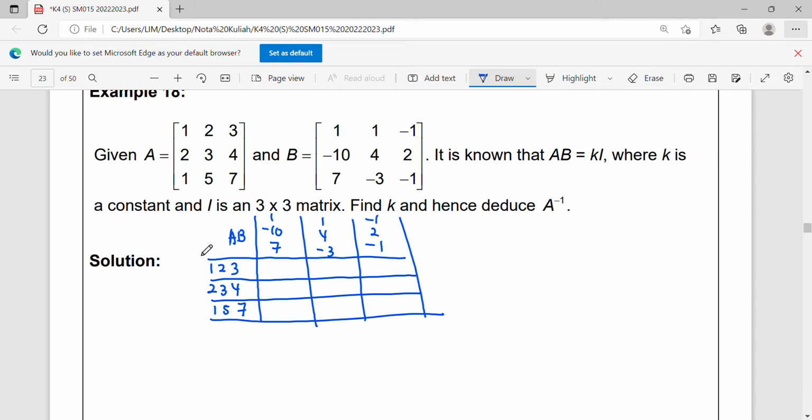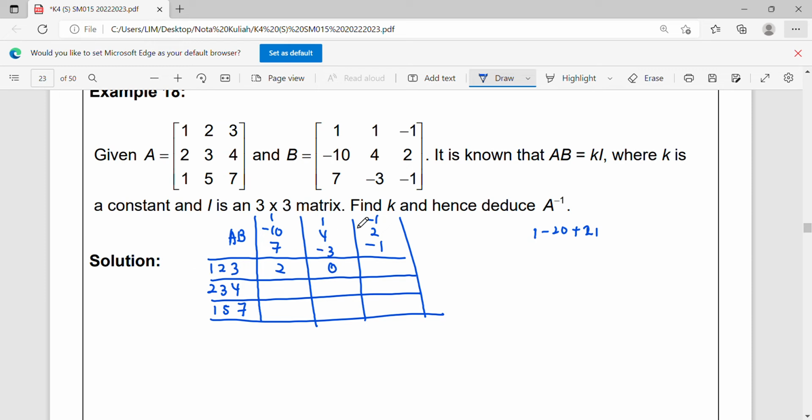So finishing this multiplication: 1 minus 20 plus 10; 1 minus 20 plus 21, which gives you 2. Carry on: 1 plus 8 minus 9, 0.